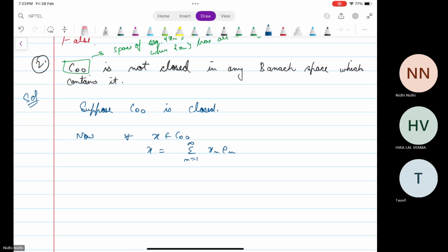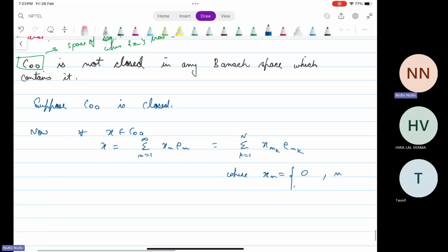So this can be written as sum k from 1 to n of x_nk e_nk, where e_n is the sequence such that it is 0 for n not equal to nk and non-zero for n equals nk.